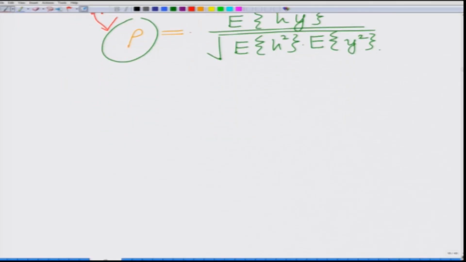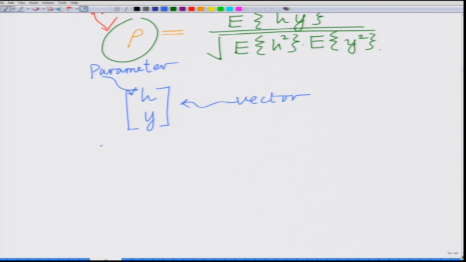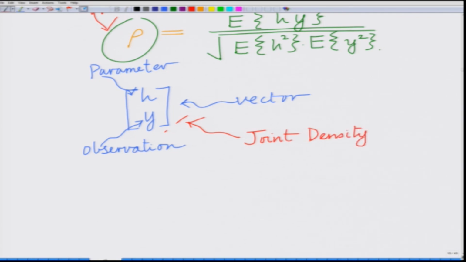Let us define this vector, which has the parameter h and the observation y, and what we want is the joint probability density function of the parameter h and the observation y.